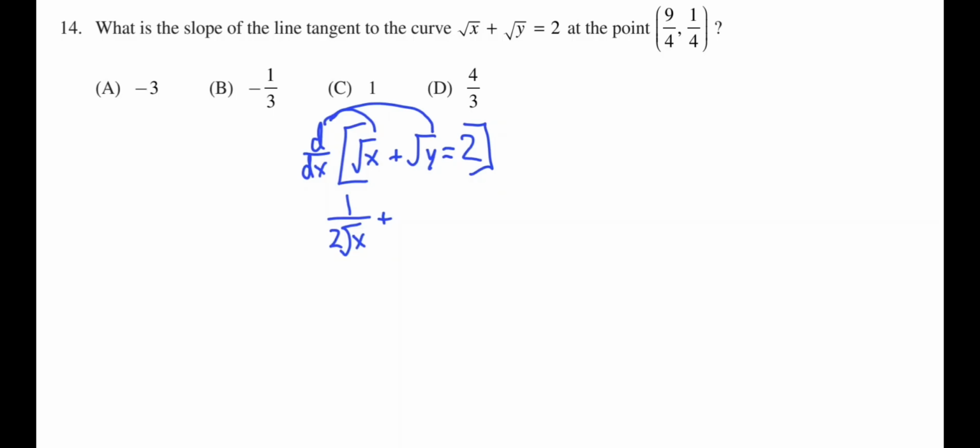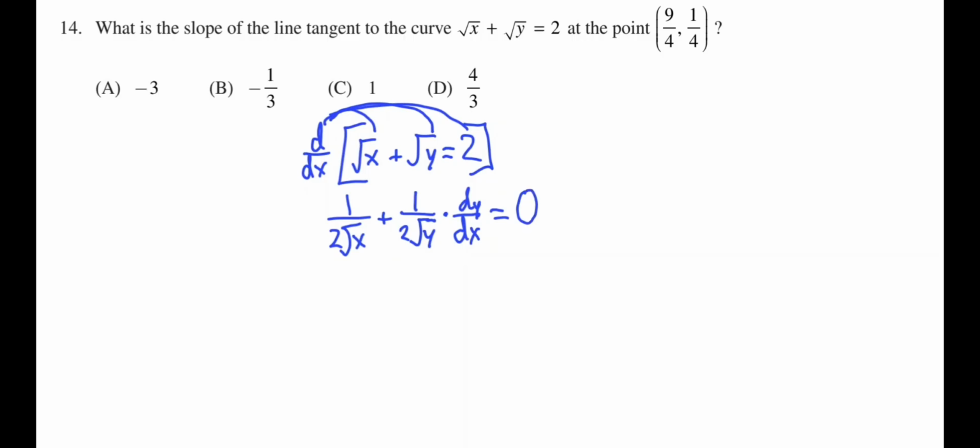So we get the general derivative, but then using the chain rule, we have 1 over twice radical y. Using the chain rule, y would be a function of x, so we have to write down the dy dx. Every time we have any implicitly derived function, you want to multiply it by the inner function's derivative, which is y. And that is equal to the derivative of 2, which would be 0.